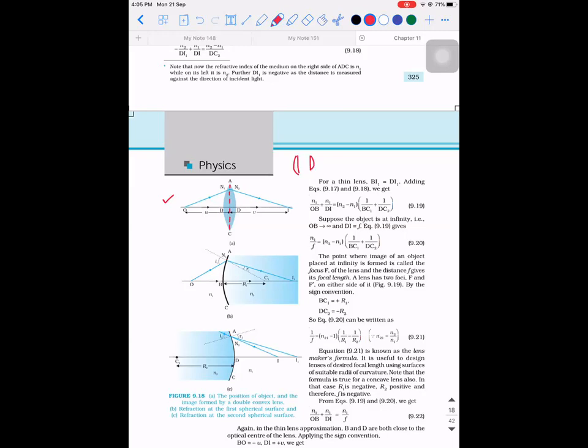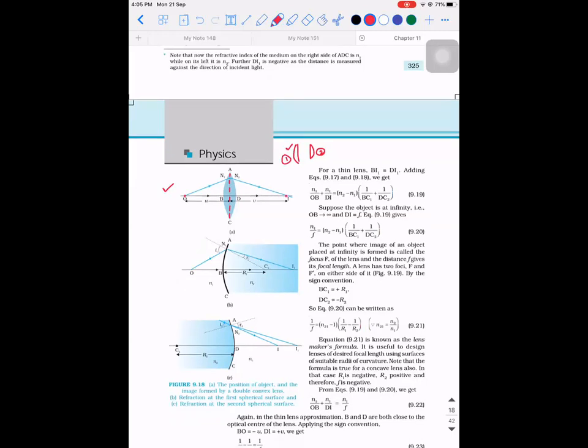So when we say the final image is formed on the other side of the lens, how many times is the ray going from the object undergoing refraction? See, you're able to see the object and image, right? In this scenario, the image is formed on the other side of the lens.